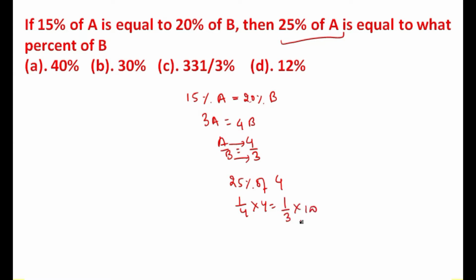So we know that the 1 by 3 fraction in the percentage form is 33 1 by 3%. Right guys? So your C option. I hope you don't have any doubt in this question. These are very simple. Okay, we'll move ahead.